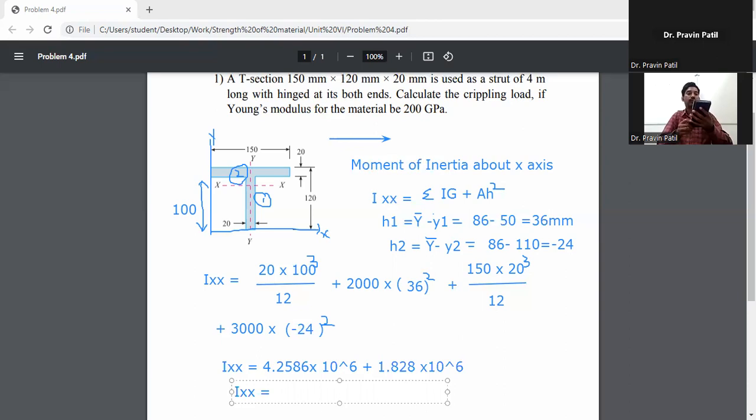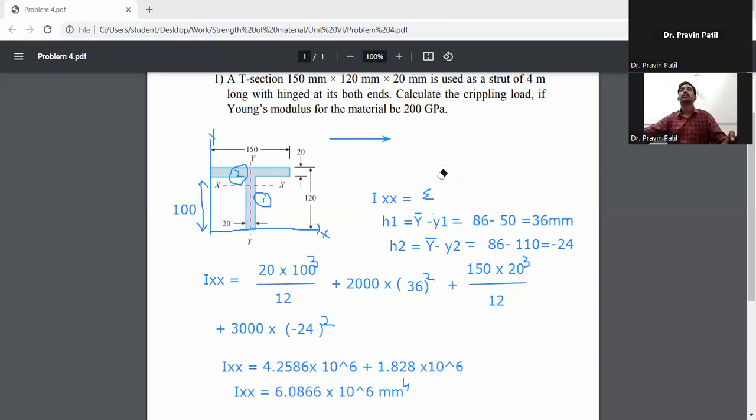We get 6.0866 into 10 raised to the power 6 mm raised to 4. This is the moment of inertia about the x-axis. Then in the same way, find the moment of inertia Iyy.